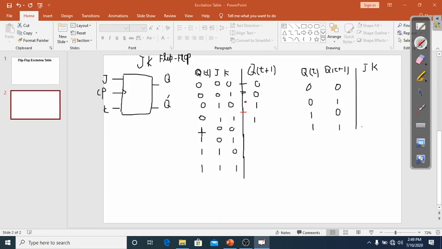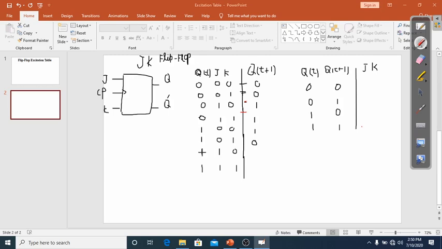When the present state is equal to 1 and J and K are equal to 0, there will be no change. Next, present state is equal to 1, J is equal to 0, K is equal to 1, so the next state would be 0. When J is equal to 0 and K is equal to 1, next state would be equal to 0 always.